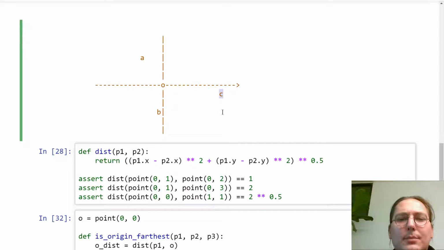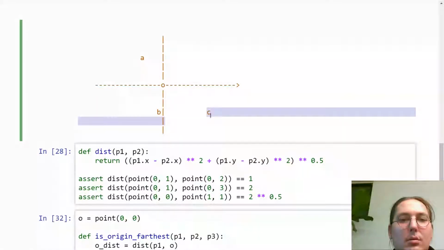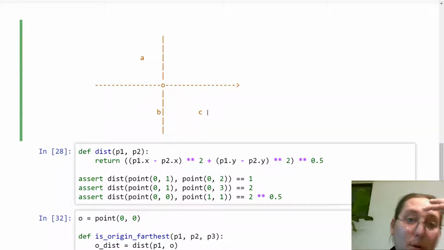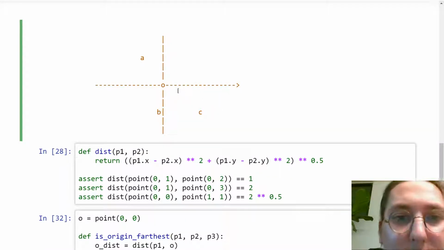We can make C closer to B, so this distance is less than this distance. Okay, so something like this. We want this distance less than this one. So we make B and C together. Yeah, something like that. It's okay, as long as that's satisfied.